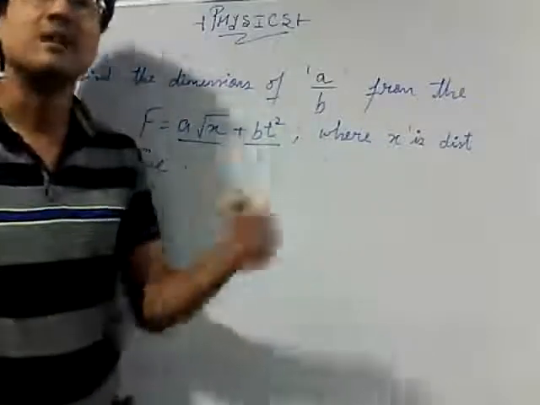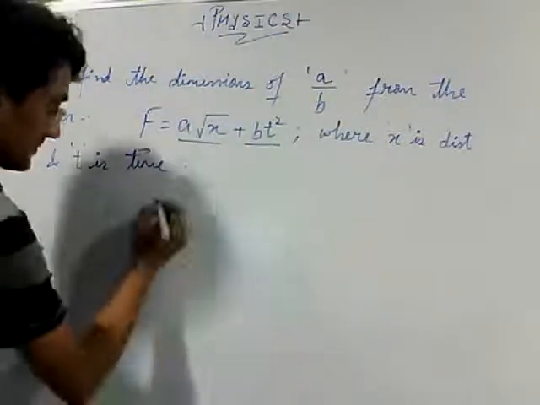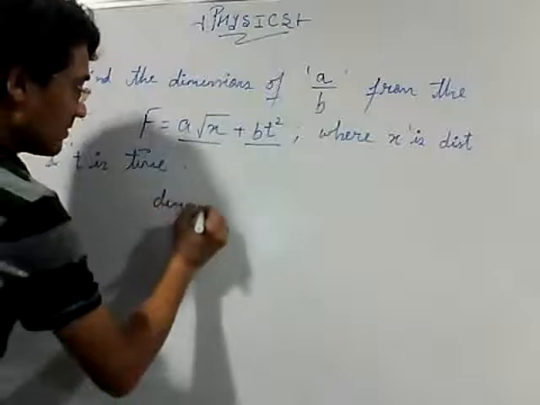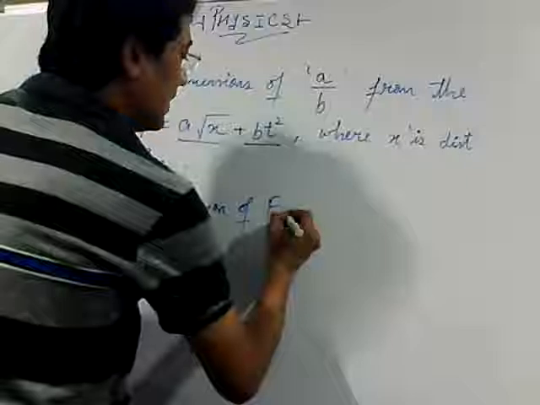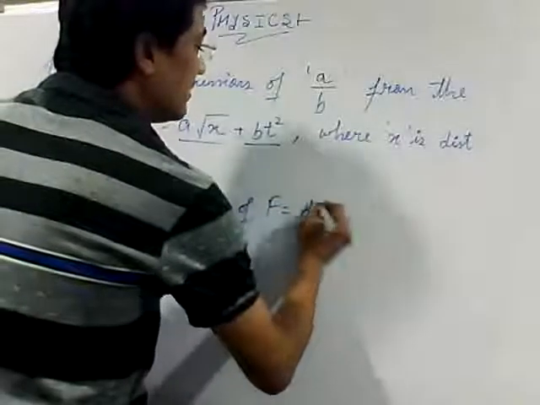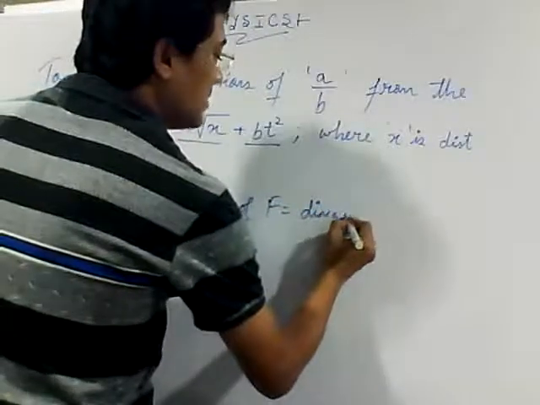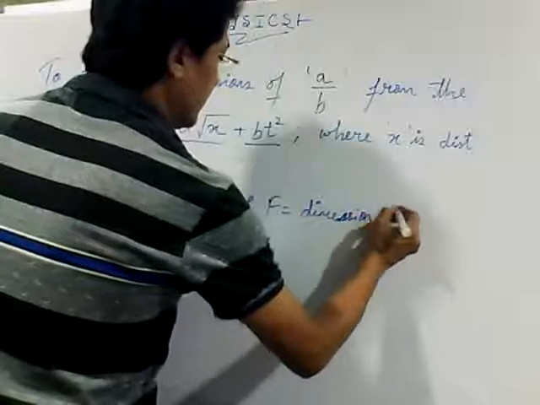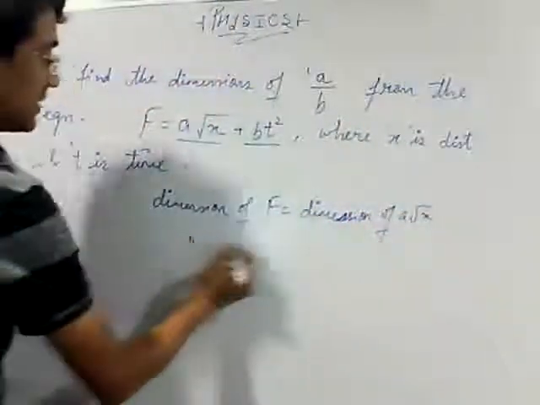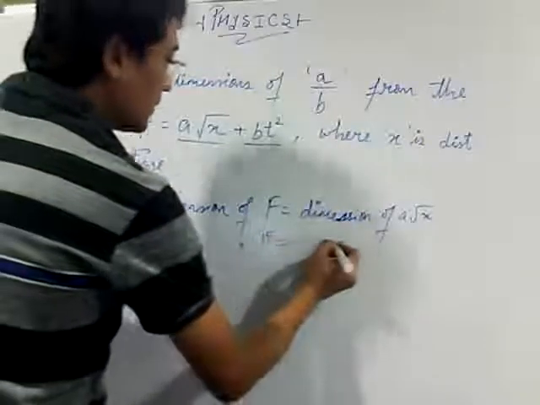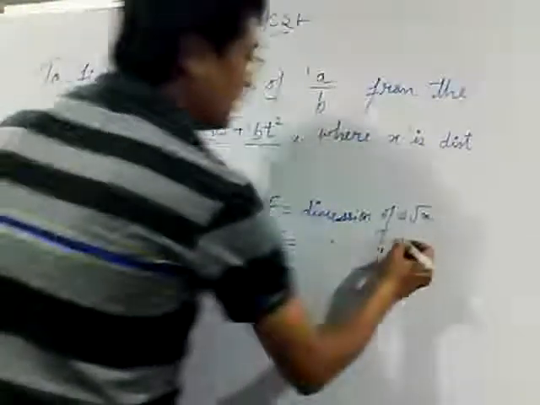That means the dimension of F is equal to the dimension of A root x. Similarly, the dimension of F is also equal to the dimension of bt square.